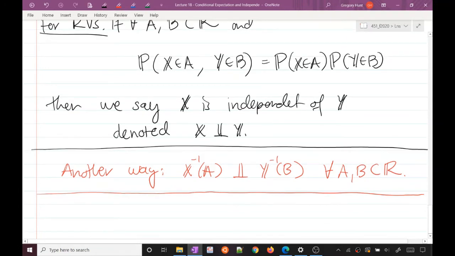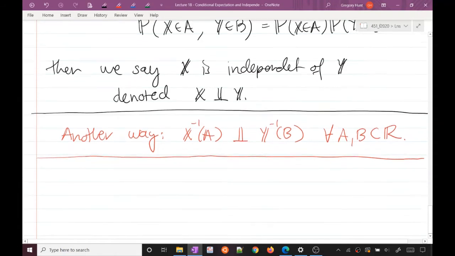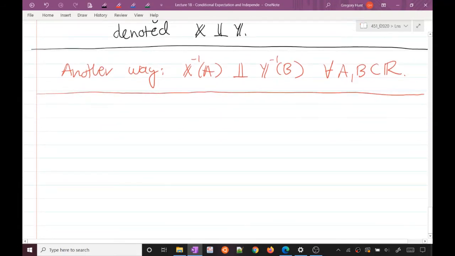So this is our basic definition of what it means to be independent. Although it's probably not the most practically useful definition, because it would require that we test for all possible sets A and B that these rules hold. And we really don't want to be in the business of checking for all sets A and B. So let's talk about a more practical way of talking about independence.